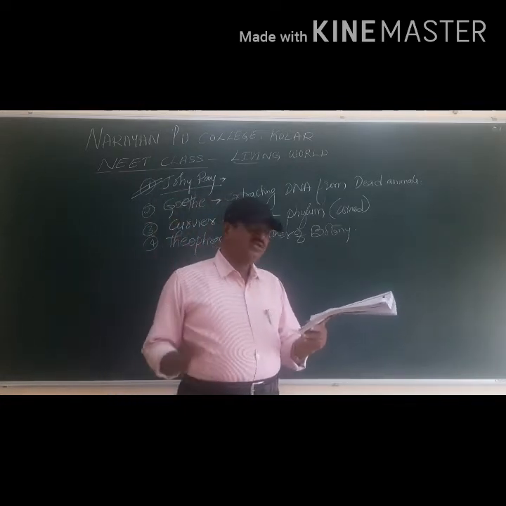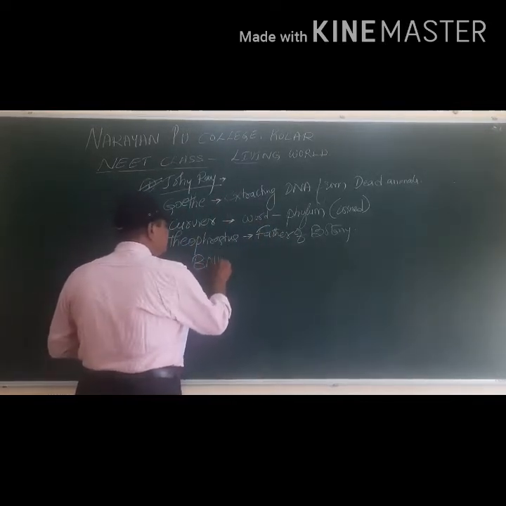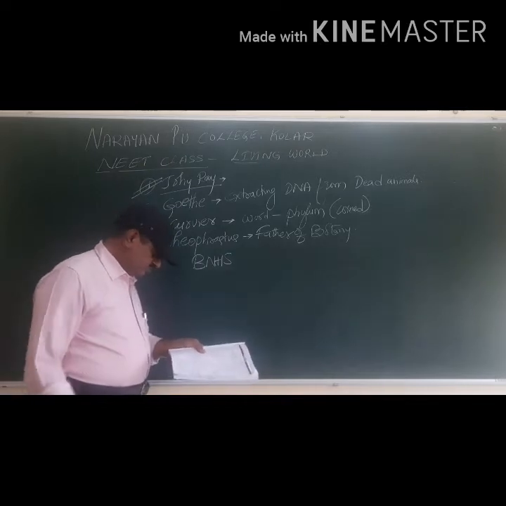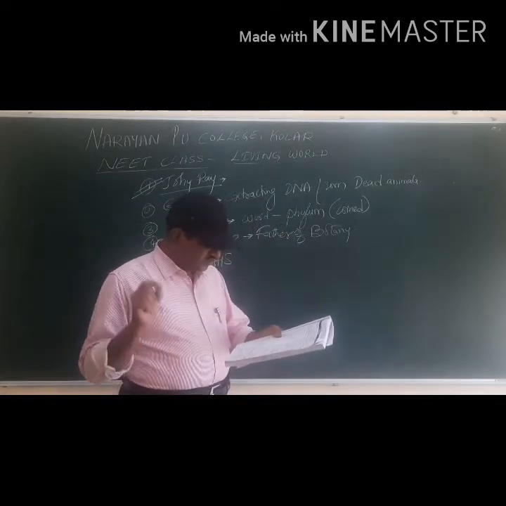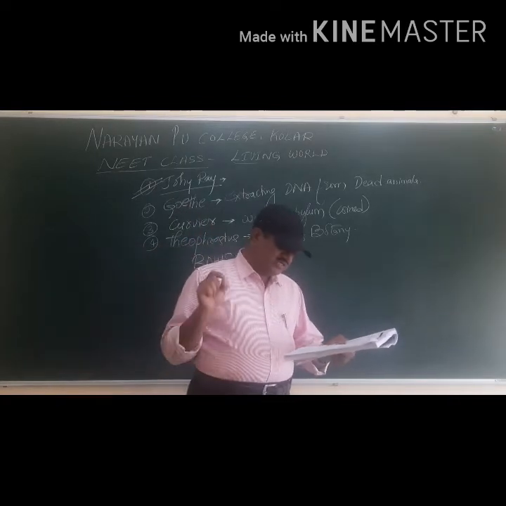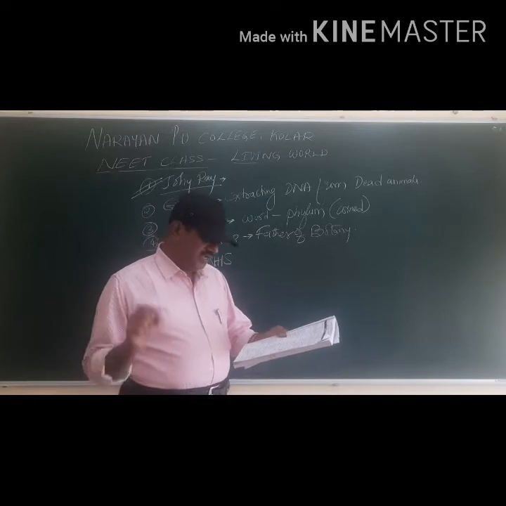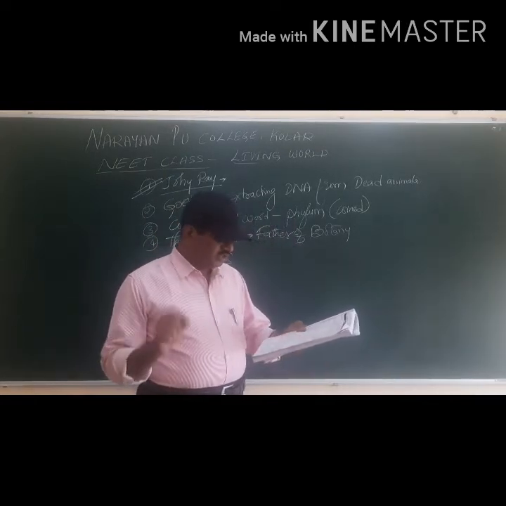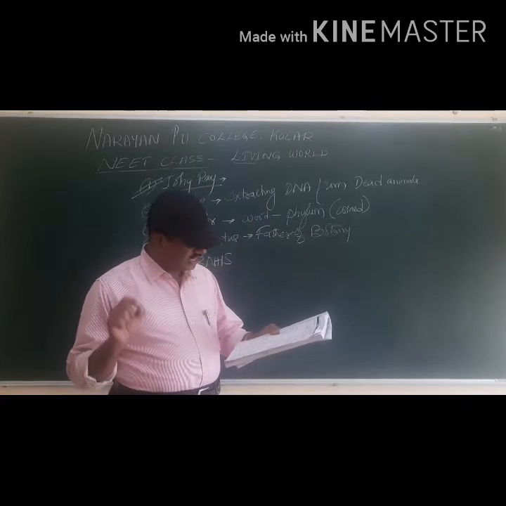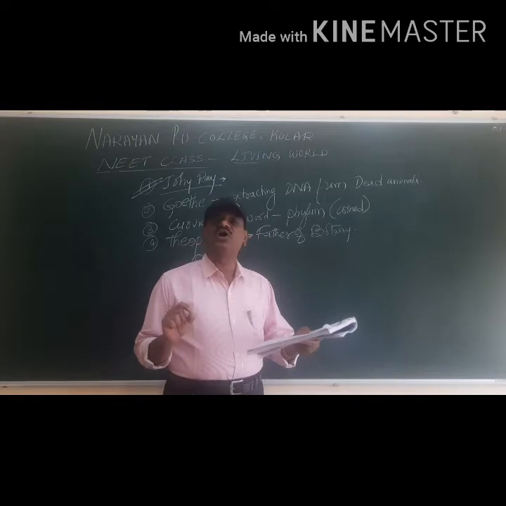So we go for the next one, called BNHS. BNHS is abbreviated as: first option, Banaras National History Society. Second one, Bombay Natural History Society. Third option, Botanical North Himalayan Survey. Fourth option, Biological Natural History of Society.